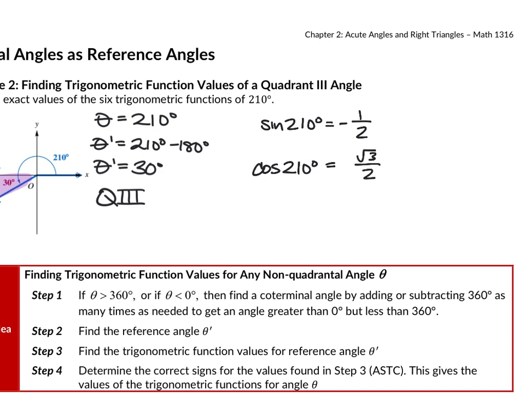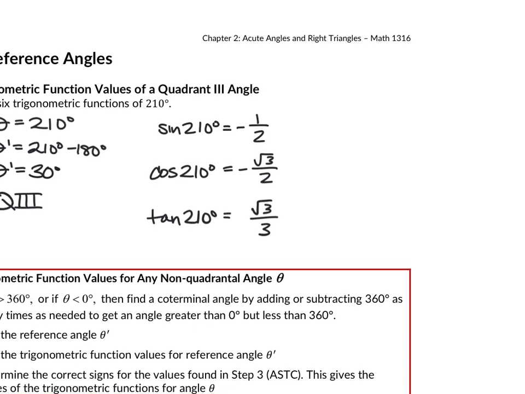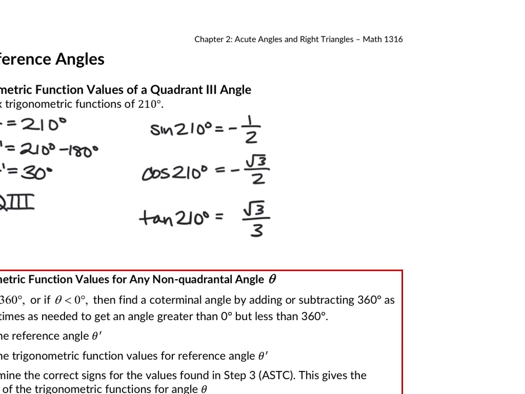But since I'm in quadrant 3, cosine is going to be negative. If I do the tangent of 210 degrees, I'm in my head doing tangent of 30. I've memorized that to be square root 3 over 3. Tangent gets to stay positive though because we're in the third quadrant.